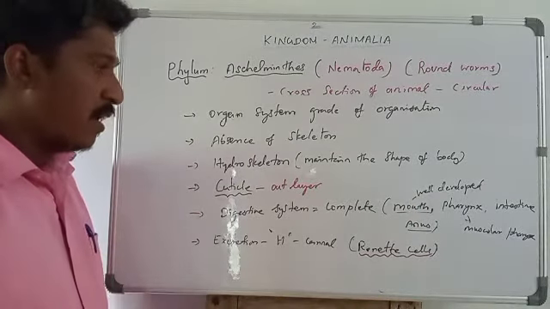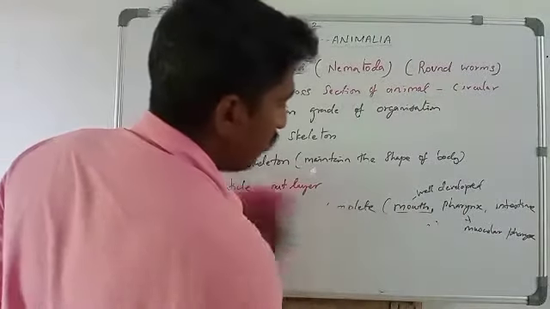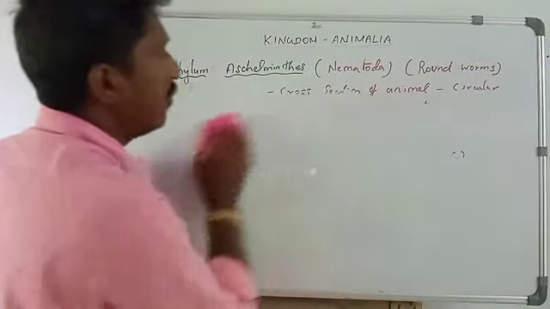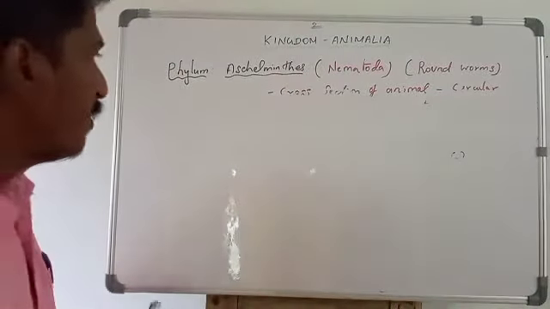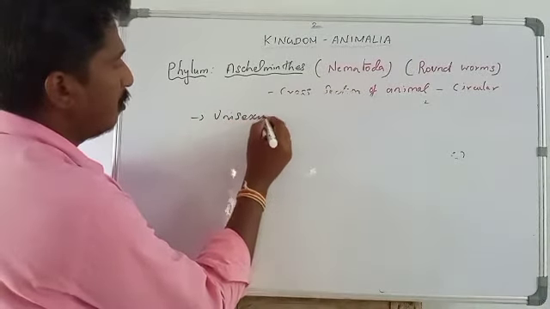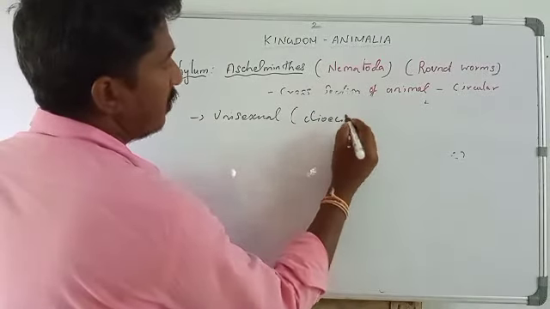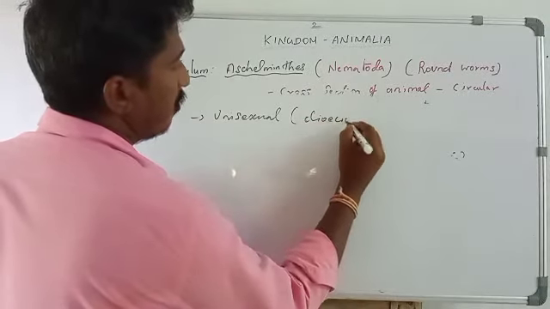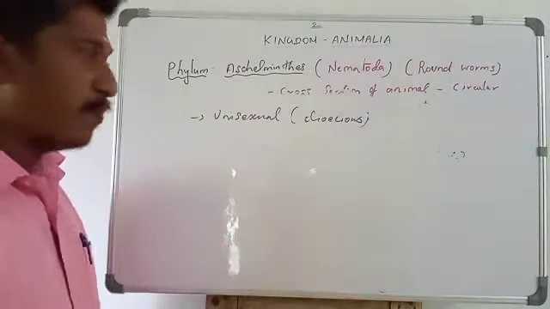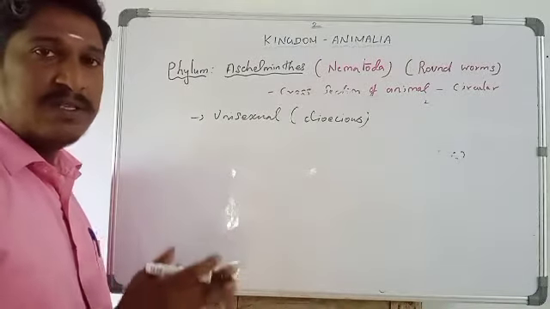Reproduction. These animals are dioecious, unisexual. The sexes are separate, so they are called unisexual.